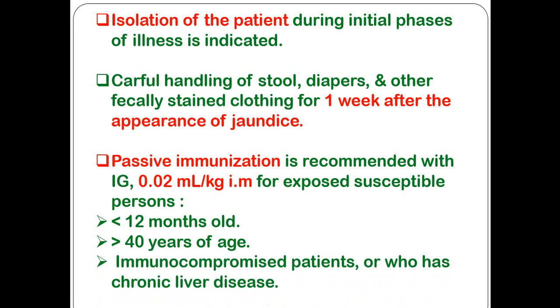And of course, an immunocompromised patient or one who has chronic liver disease is regarded as a high risk group for developing hepatitis A virus. In those, if the infection happens, we may not expect the self-limiting course. It may progress to fulminant hepatic failure.